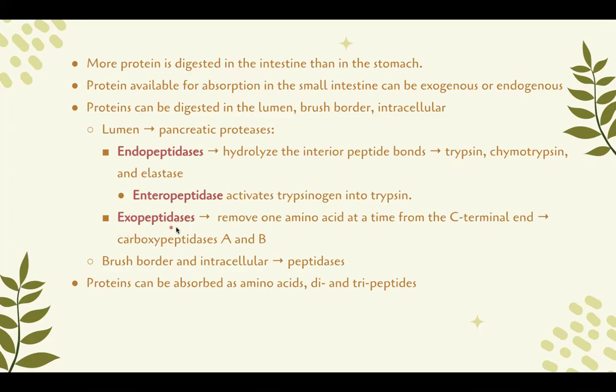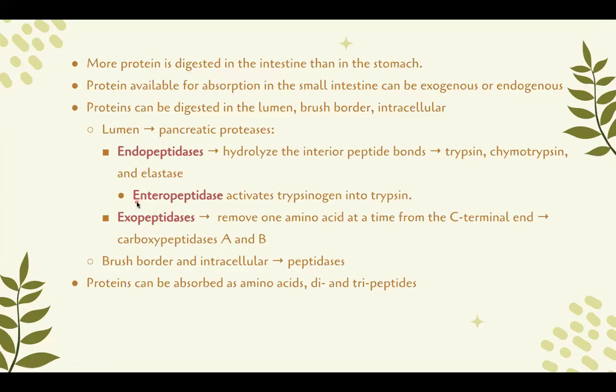Exopeptidases basically remove the amino acids from the edges, okay? So they kind of do the opposite of these. So they go to the edge and they chop off amino acids one at a time from the C-terminal end of the peptide chain. And these exopeptidases are basically carboxypeptidase A and B, okay?